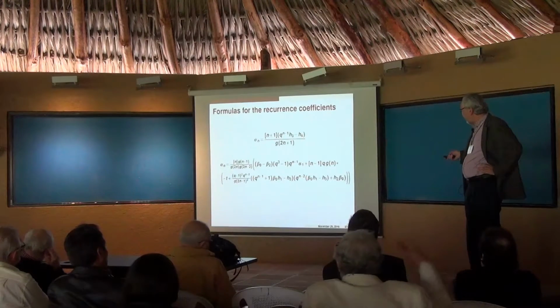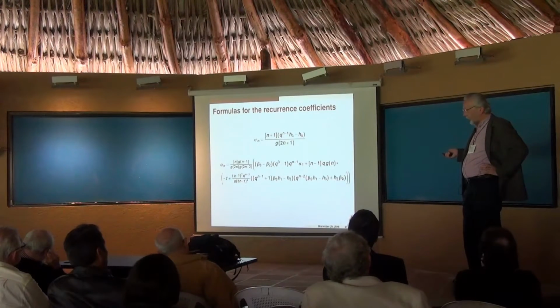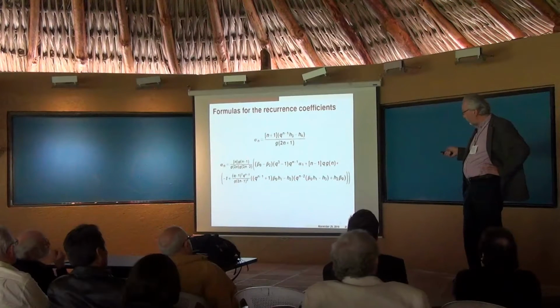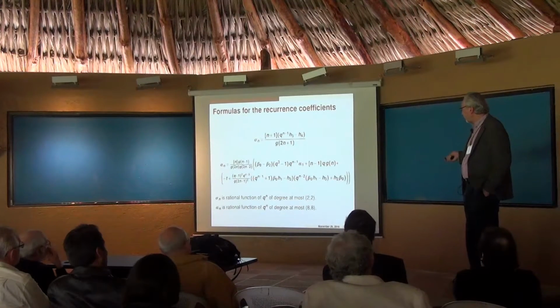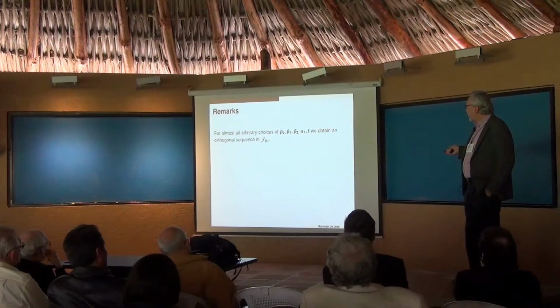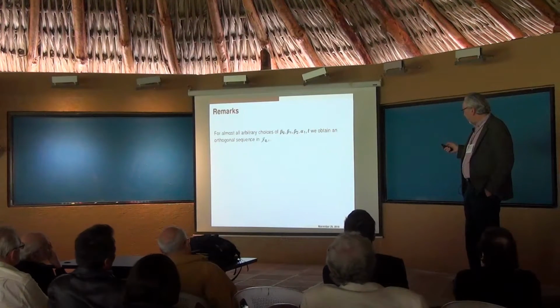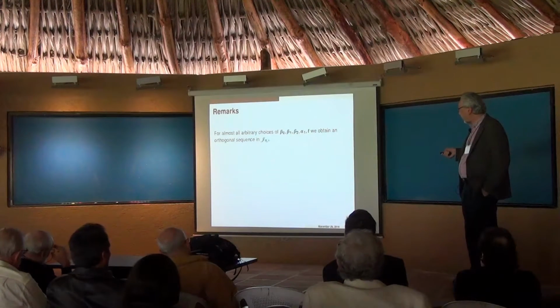And the nice thing is that the roots of the numerator appear by pairs. And that's what made it possible to find the factorization of numerator and denominator. And for most of the choices of the arbitrary parameters with alpha not 0, we can get an orthogonal sequence in this extended class.